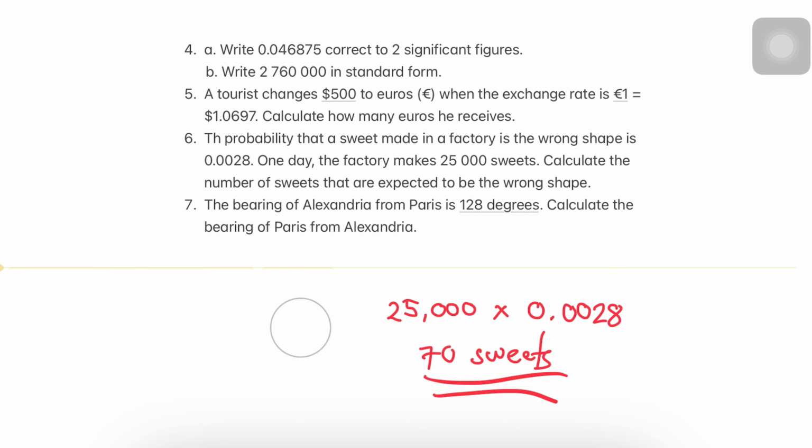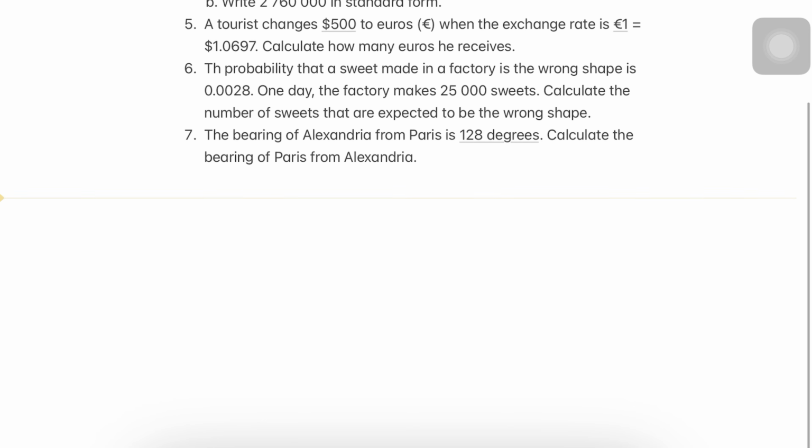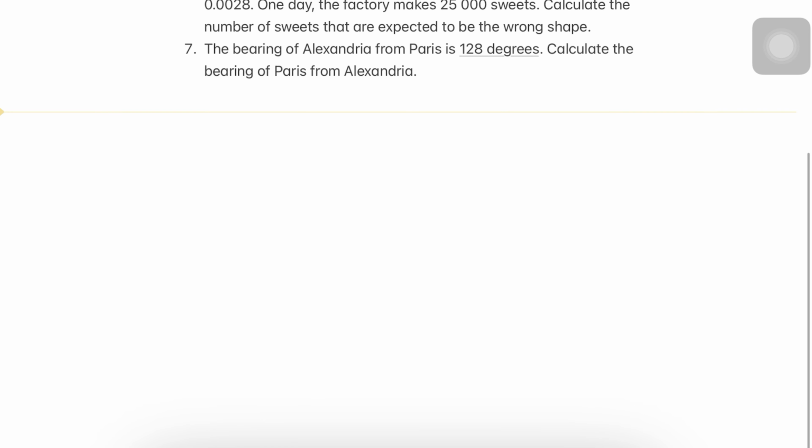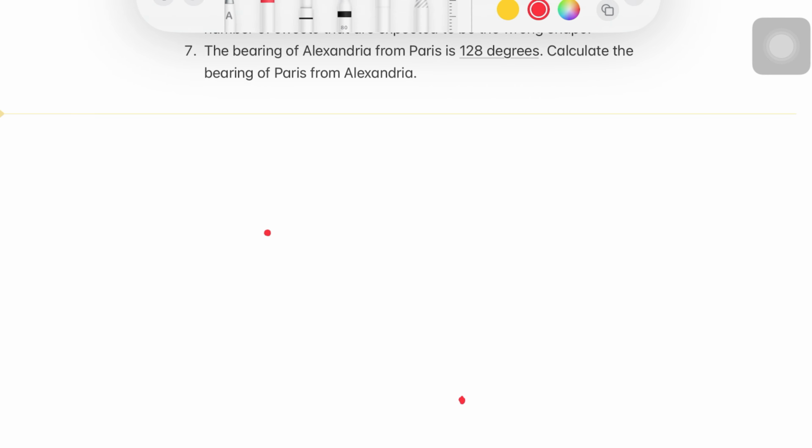In number 7, the bearing of Alexandria from Paris is 128 degrees. Calculate the bearing of Paris from Alexandria. Assuming that you have 2 points, let's draw this one. This is Paris, and this is Alexandria.